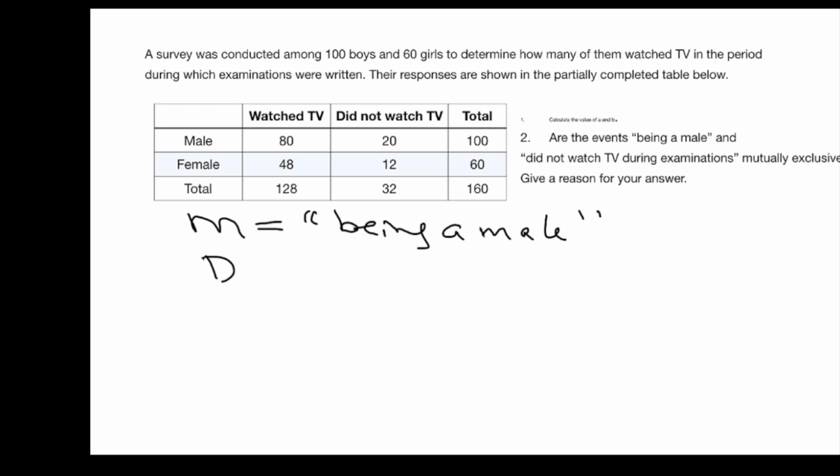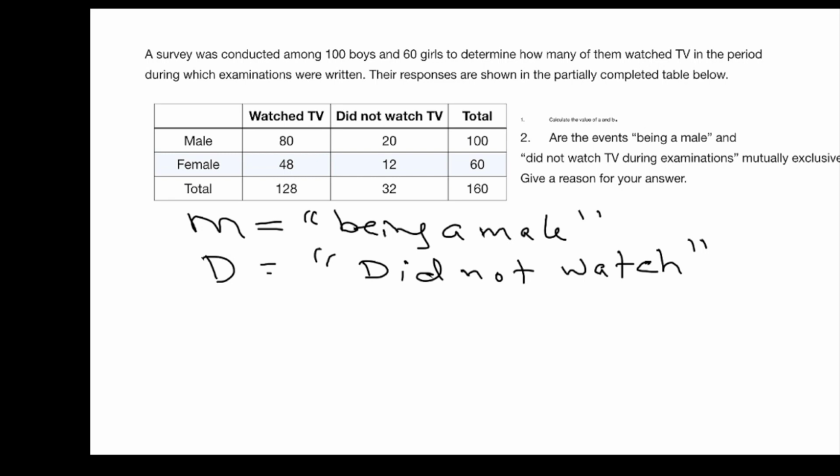And I'll call D the other set, did not watch television. So the question is, do you think M and D are mutually exclusive? So now you need to remember the meaning of mutually exclusive events. There are two definitions maybe for mutually exclusive events.